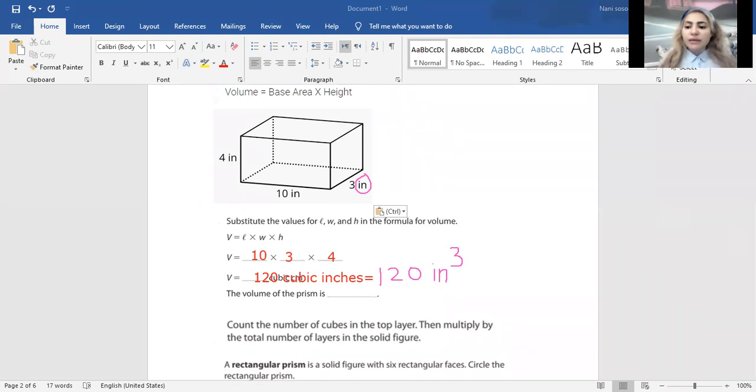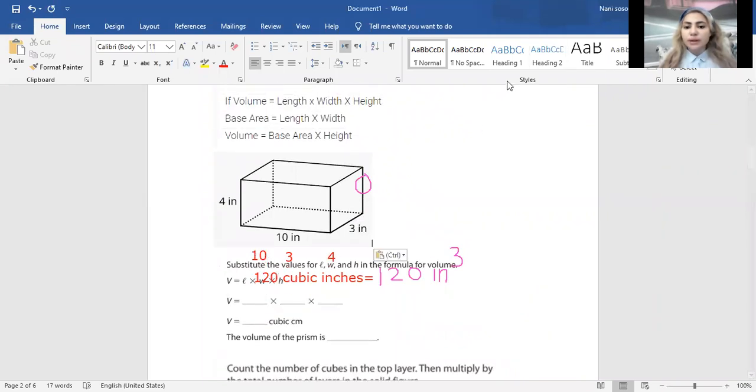Okay, the base area equals length multiply width, right? What is your length? 10. What's your width? 3. So 10 multiplied by 3 is 30. 30 what? 30 inch?